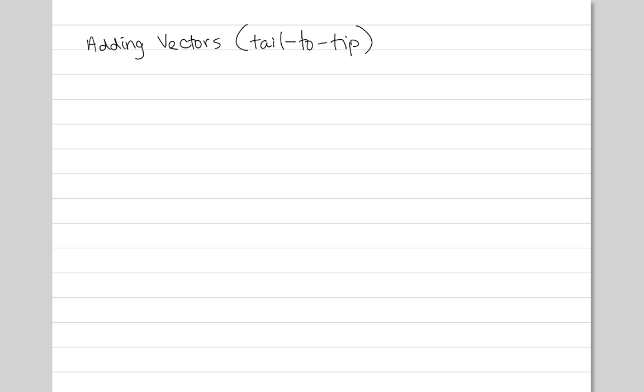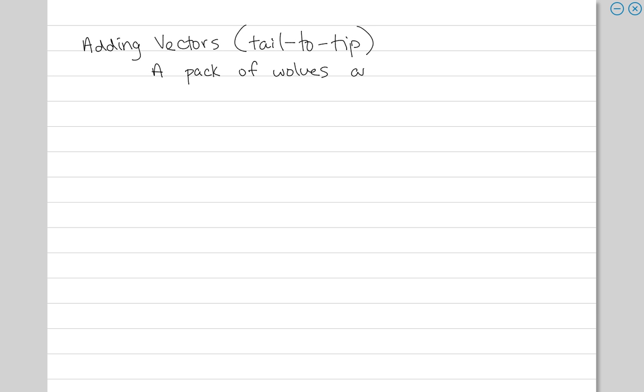Okay, so we have a pack of dogs or a pack of wolves, and they are exerting a force on a dead carcass in all different directions. Try to imagine that.